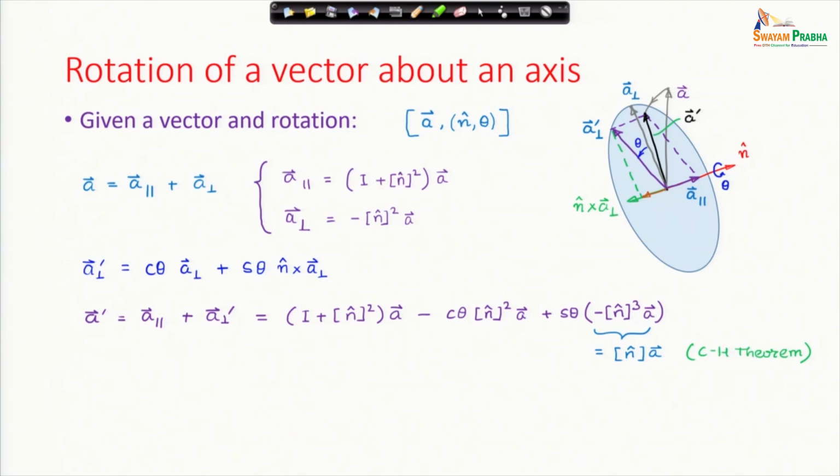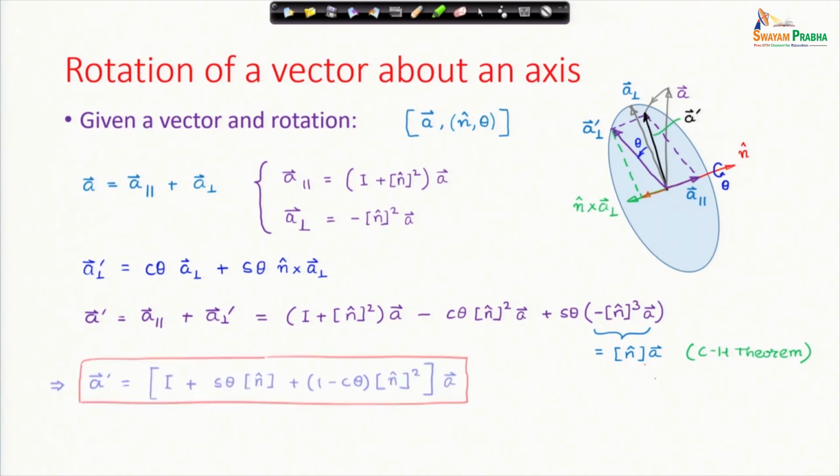Now, with this substitution, I can write A prime vector as this grand matrix. This is a matrix, of course. I have pulled out that A vector at the end, I have written this.